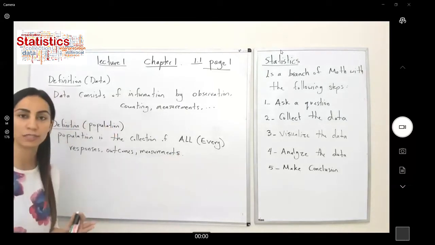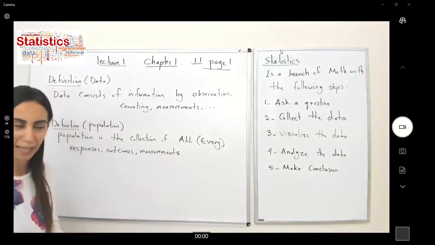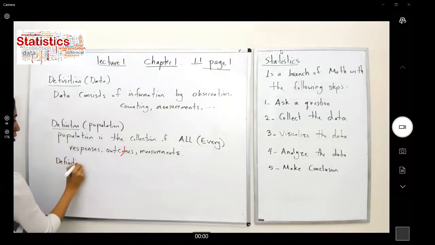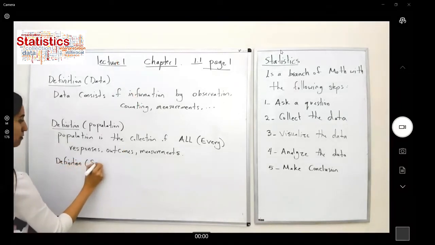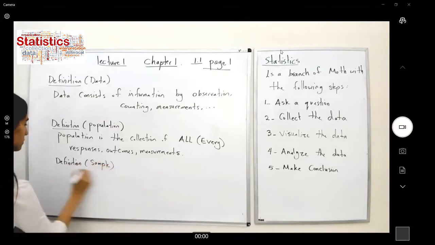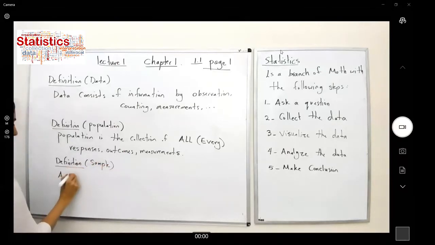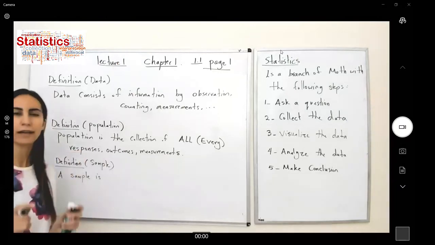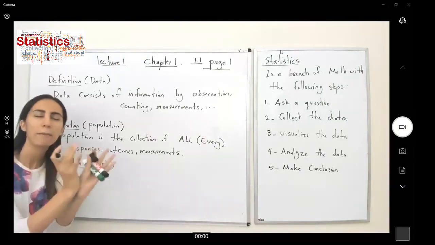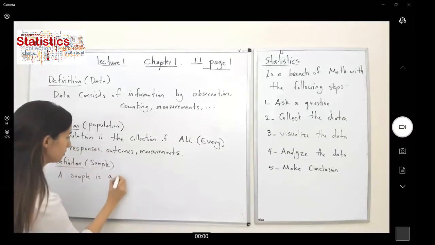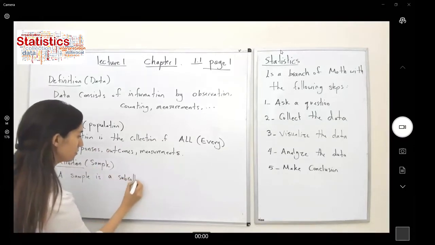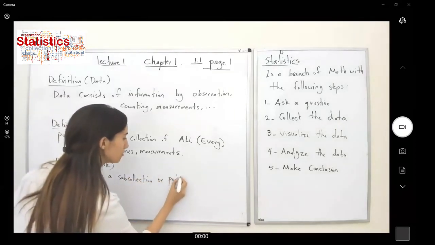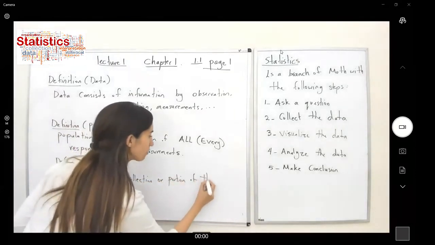So what do we do instead? We take random samples. Definition of sample. So a sample is a sub-collection, a portion of the population.